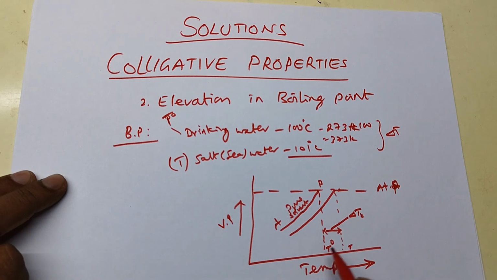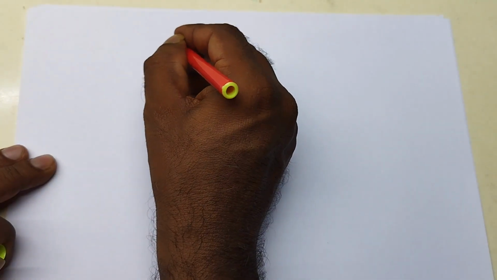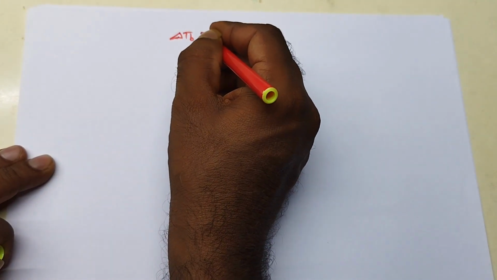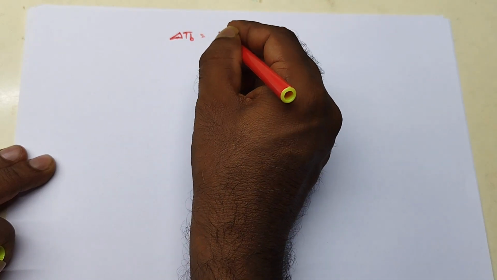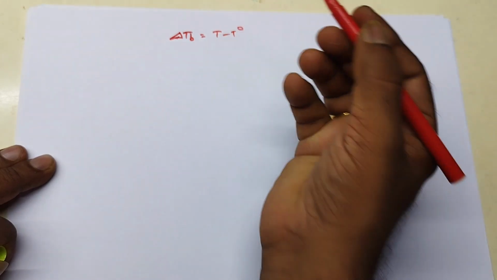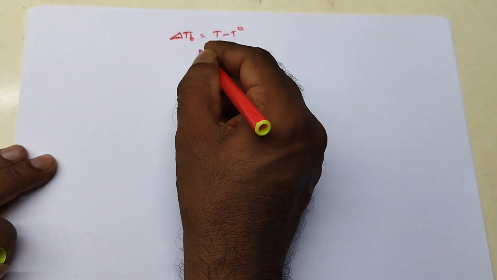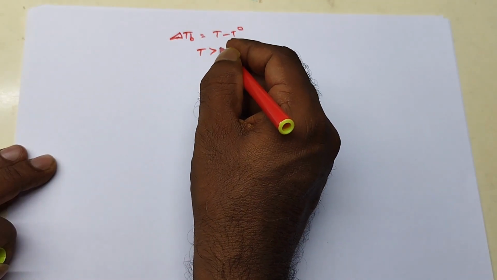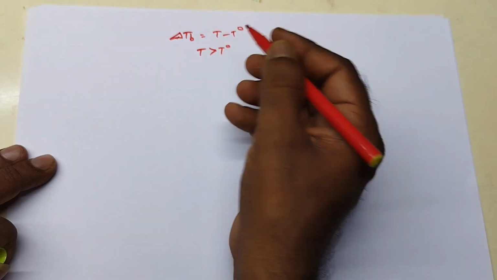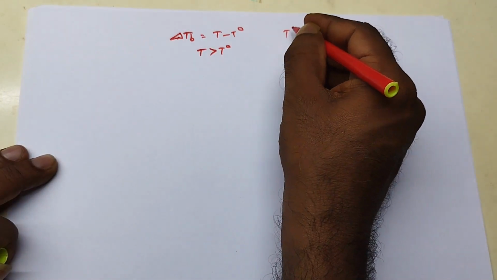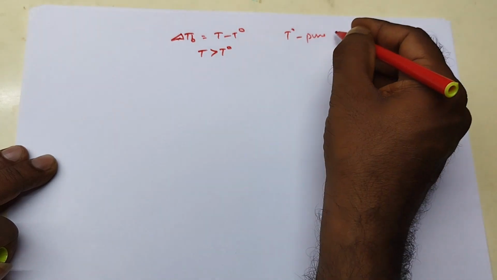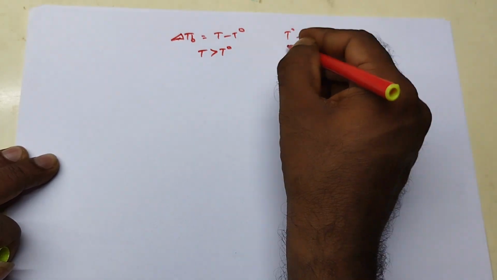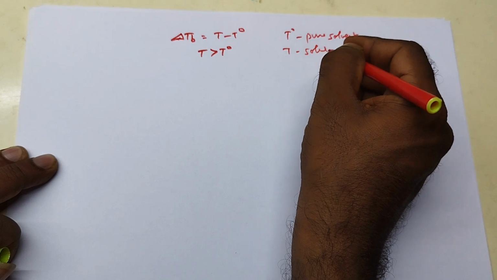The temperature is slightly increased, that is delta TB, which is nothing but T minus T naught. T is always greater than T naught. T naught means pure solvent and T means solution.